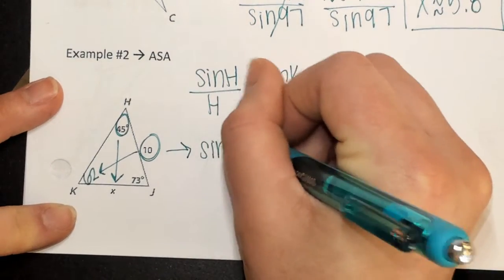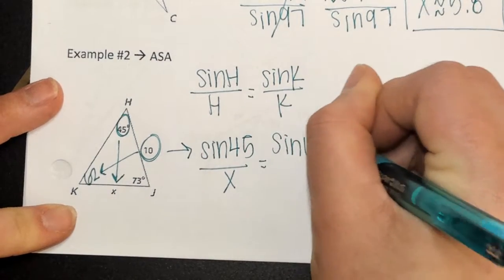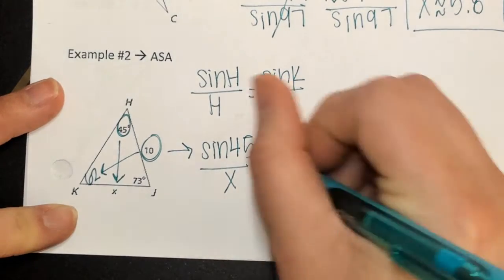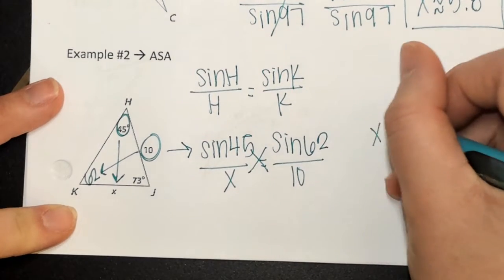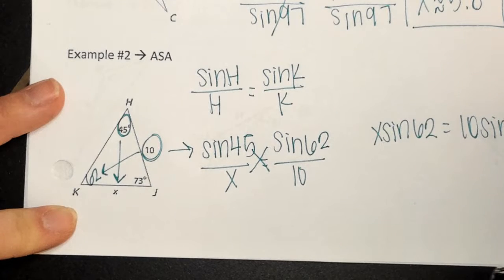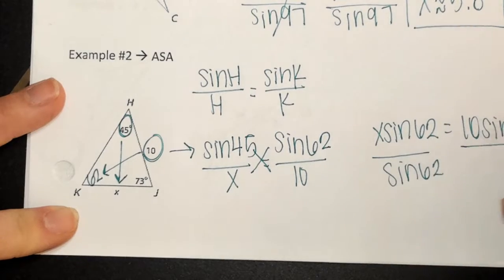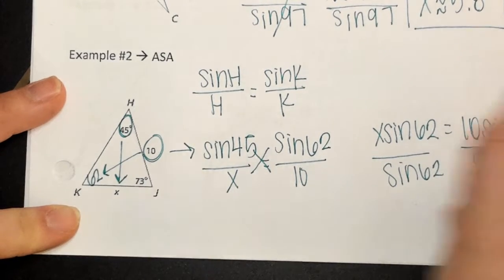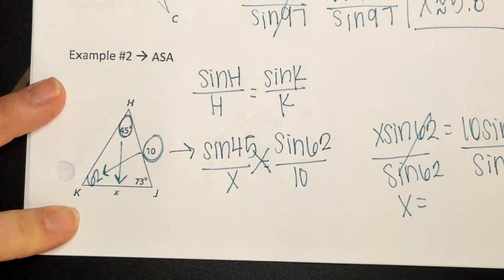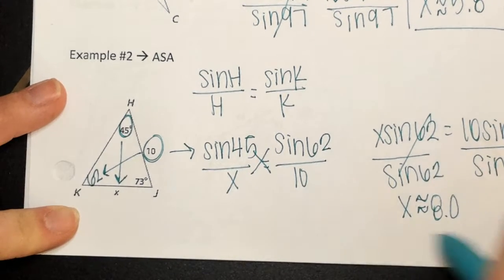Sine of 45 divided by x equals sine of 62 divided by 10. Cross multiply. You get x is approximately 8.0.